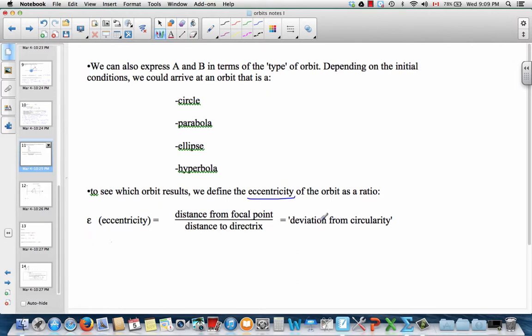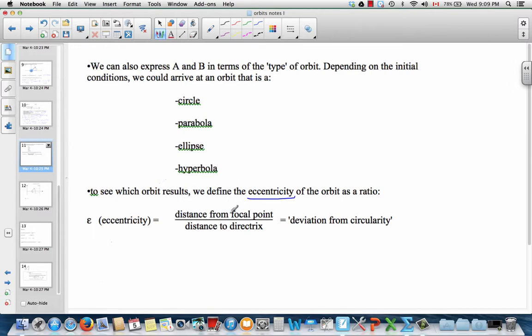And you can think of the eccentricity as how far away is it from being a circle, okay? Because it's going to turn out that the eccentricity of a circle just ends up being 0. And then for an ellipse, it ends up being between 0 and 1, and for a hyperbola, it's bigger than 1. More on that later.